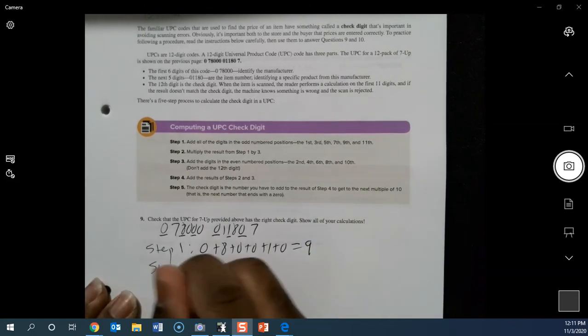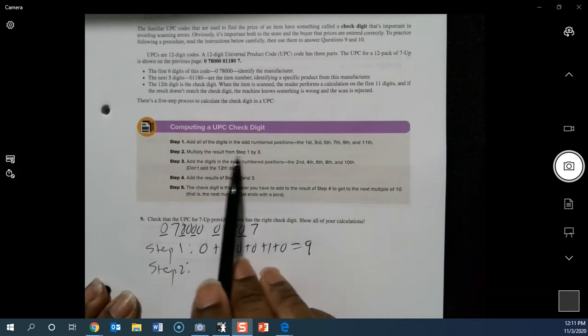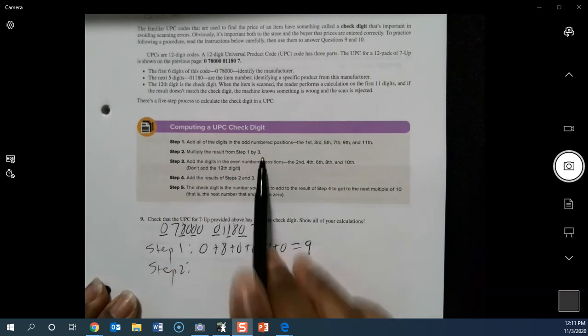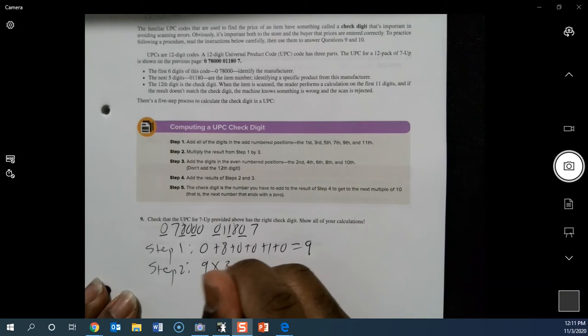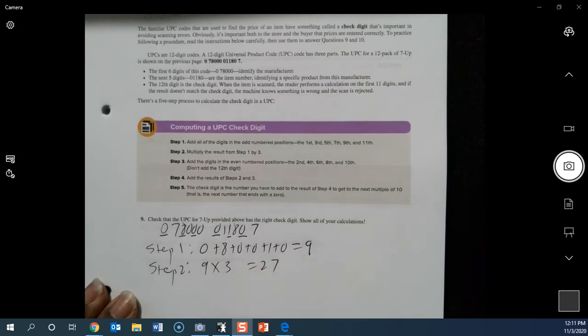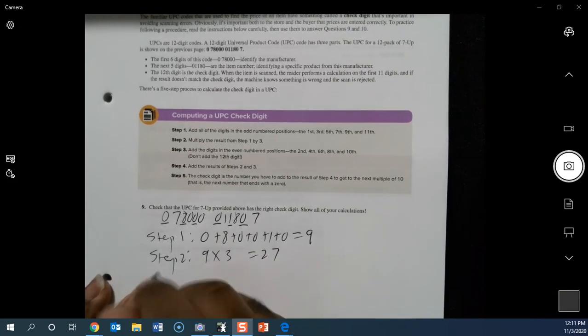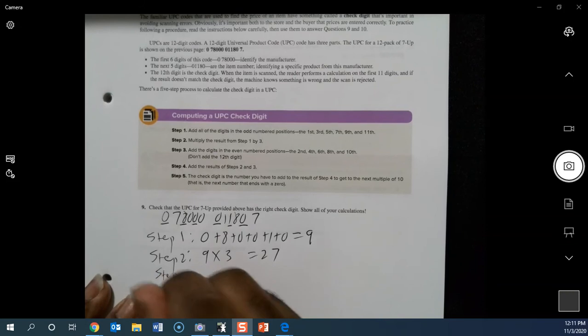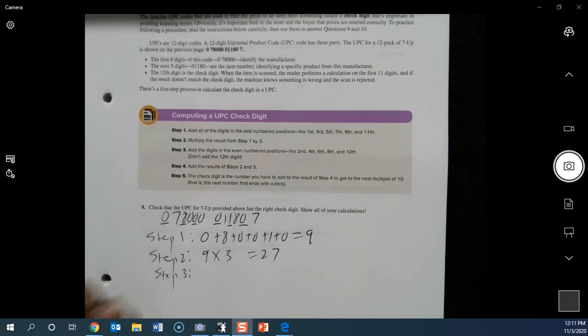So step 2, it tells us multiply the result from step 1, which is 9, by 3. So it'll be 9 times 3, that gives us 27. Step 3. Now it tells us to add the numbers in the even number position, but we don't add the 12th digit. We go from 2 to 10.